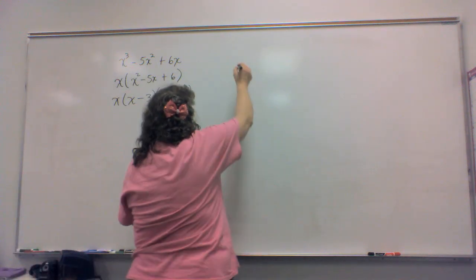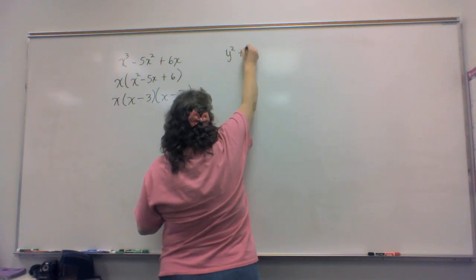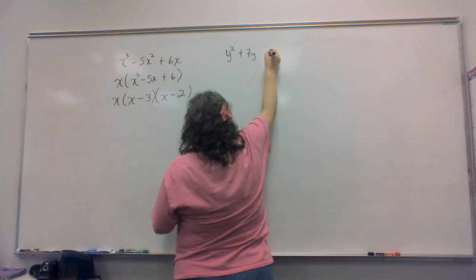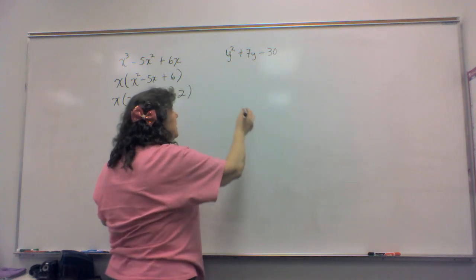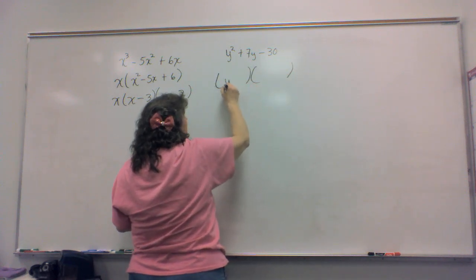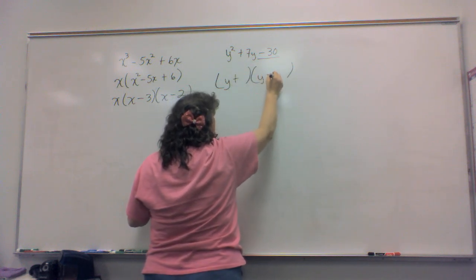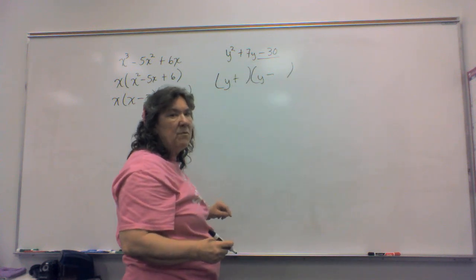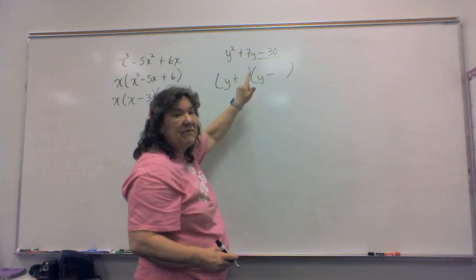Let's look at another one. Y squared plus 7y minus 30. Okay. Again, this is simple, so we know it's going to be y times y. Negative 30 says we're going to have a plus and a minus. But now we have to find the two factors that have a difference of 7.